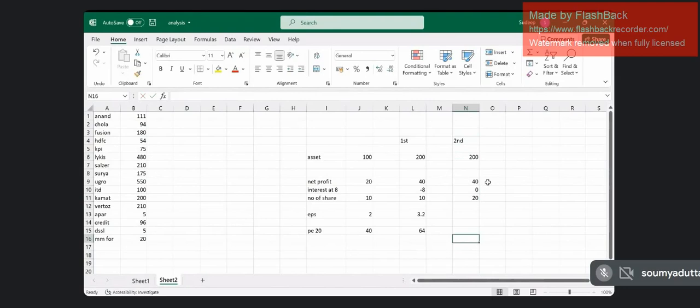If the number of shares is going to double, that means 50% equity would be diluted. It was 100, you became 200, and the number of shares also increased from 10 to 20. Your EPS is again 2. Your stock price is 40. Which is better, taking debt or taking equity?